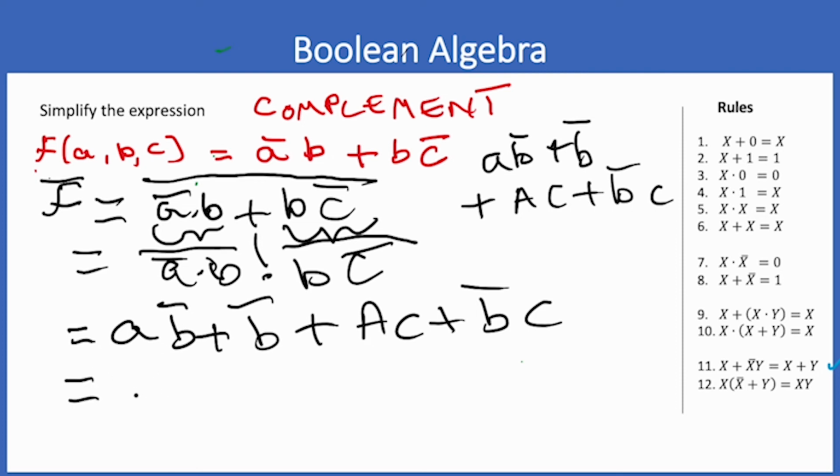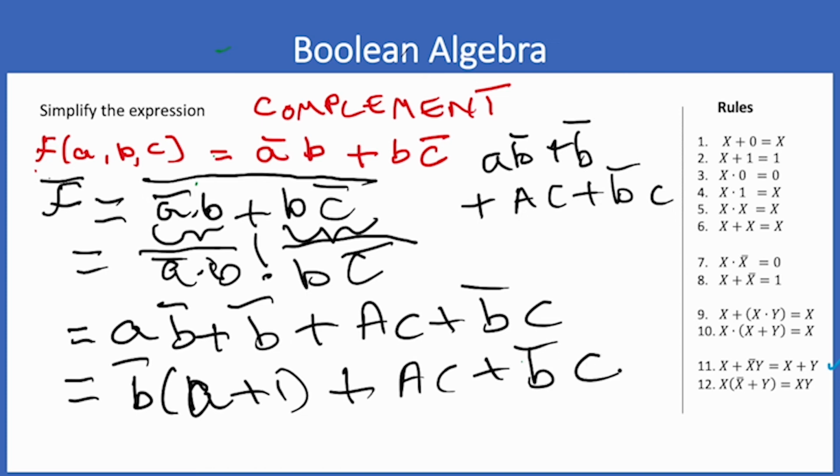So factoring out a B bar here, we get A plus 1, AC plus B bar C, and that's equal to B bar plus B bar C plus AC.